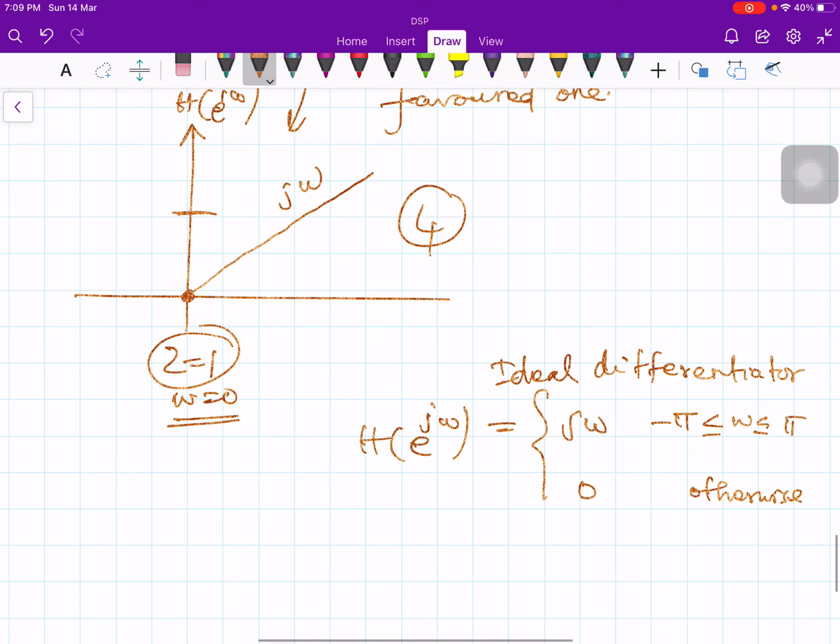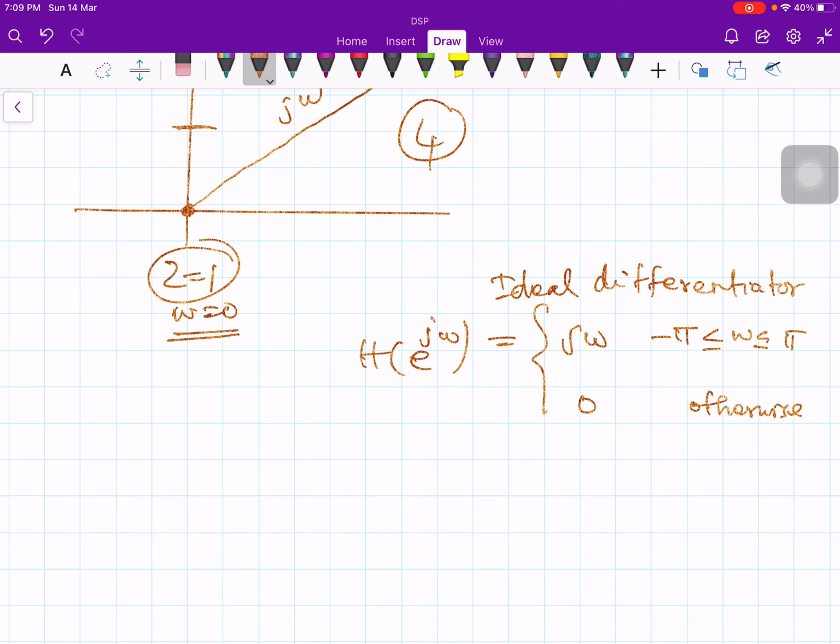There are situations where one requires one of these types, but if you have a general filter design problem, for example low pass filter, high pass filter, band pass filter and band stop filter and so on, then type 1 is the most favored one.